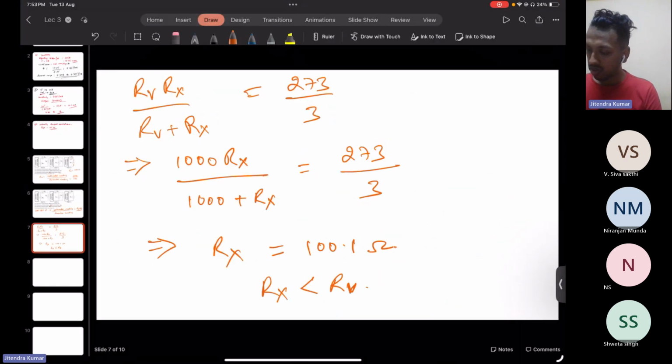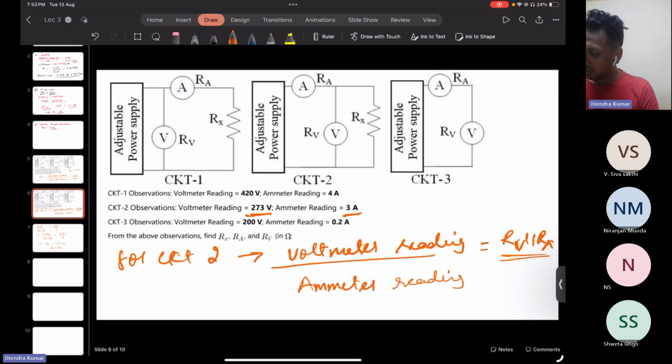Now, for the third part, circuit 1 observation, when the ammeter is towards the Rx, the voltmeter reading and ammeter reading will give you the voltage across RA and Rx and the current through RA and Rx.